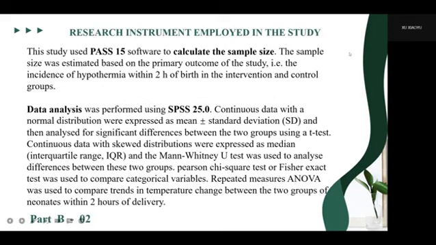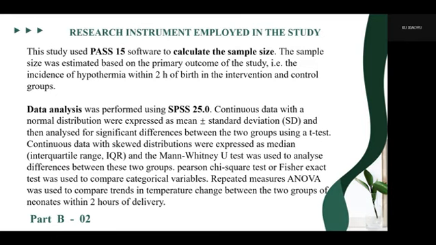Our presentation, followed by this section, is the research instruments employed in the study. In this paper, there are two main research instruments used.